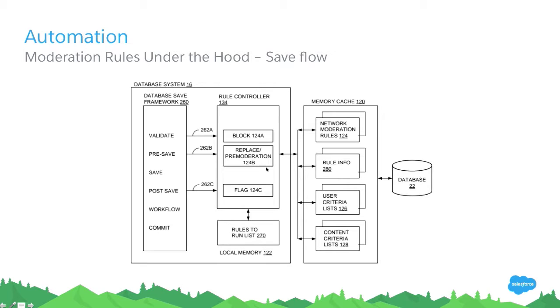Your replace and pre-moderation rules, pre-moderation is another word for review, will run during pre-save, munging the user's data right before it goes into the database. Your flag rules will happen right after workflow. This diagram's a little bit wrong, but I'm not going to fault them for that. Furthermore, your Apex triggers, the ones that you define, will happen either right before validate or during the post save.